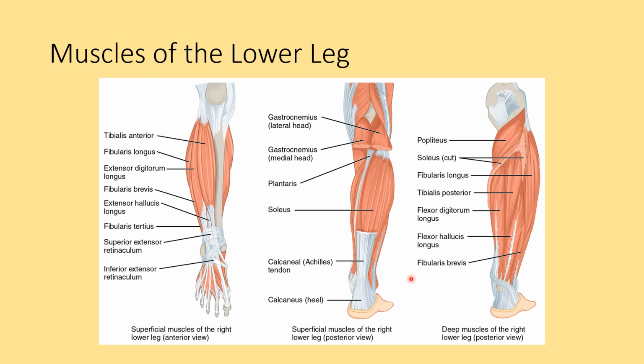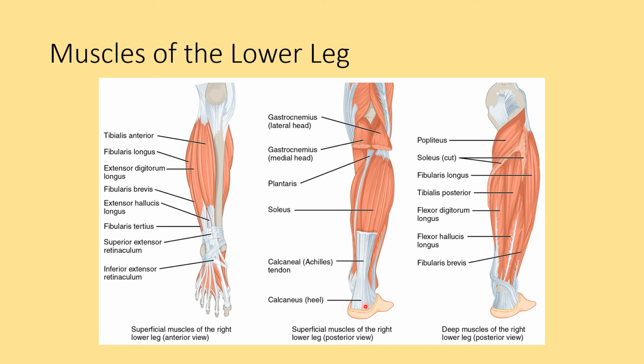If you look at the back side, the gastrocnemius is a large muscle on the back of your calf. Beneath that is going to be the soleus muscle. Now, the gastrocnemius, you've got these two heads. It comes down, is quite the large muscle here. And then down here you've got the tendon where it attaches to the calcaneus, your heel bone.